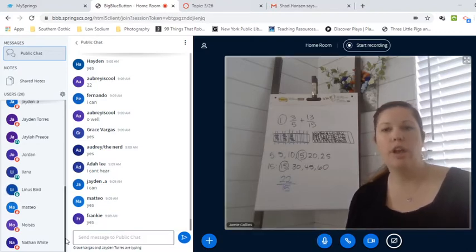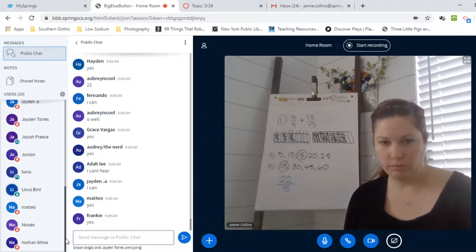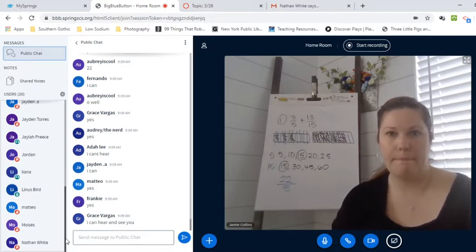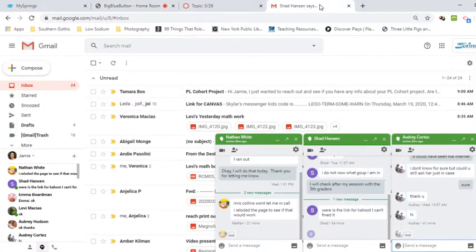Okay, Linus, try refreshing your page and see if that works. What do you mean about refreshing? You see the little arrow that's almost going in a circle and it has an arrow at the end of it on your computer? That makes no sense. Never mind then.